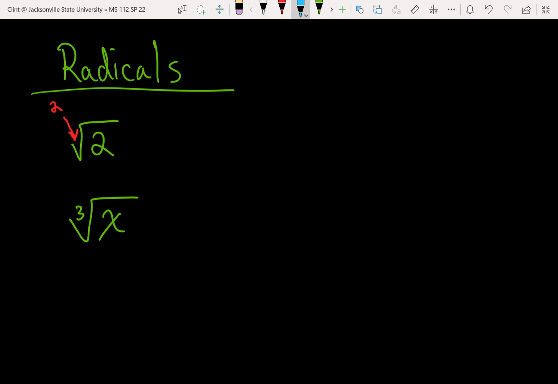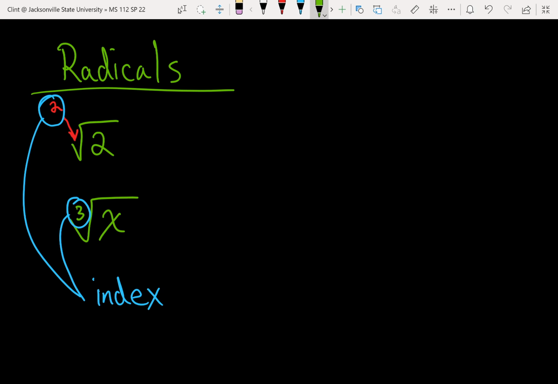So these numbers, anybody remember what those are called? They're part of the radical, they have a name. Call that the index. The index of our radical. So the thing we want to talk about here is if we have something like cube root of x.